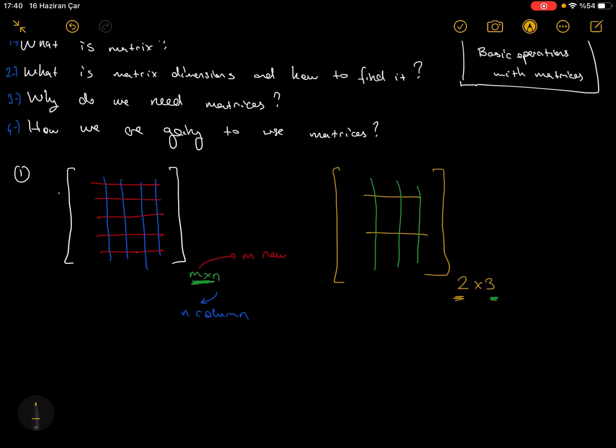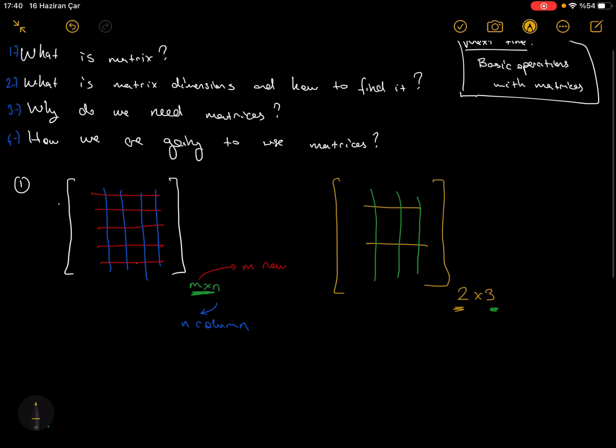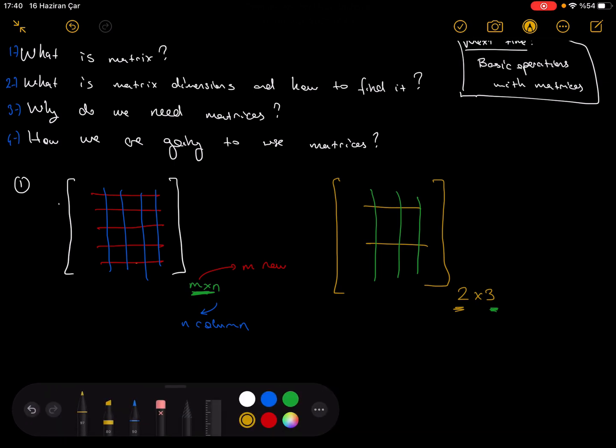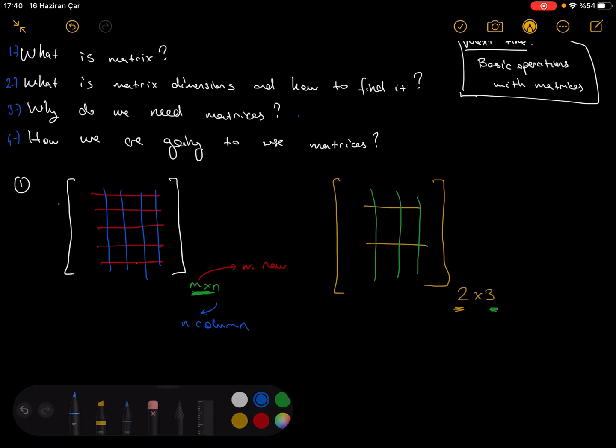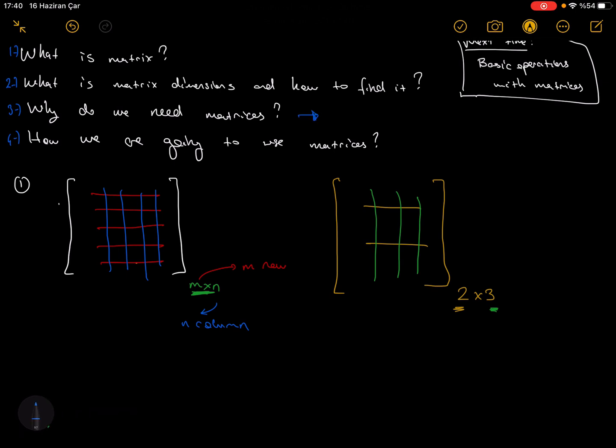And why do we need matrices? The thing is that we are using matrices to store data, to store information. What kind of information is the question we should ask ourselves. Storing data, to be sure I am going to write it. Data, information. And I ask you what kind of information we are going to store.